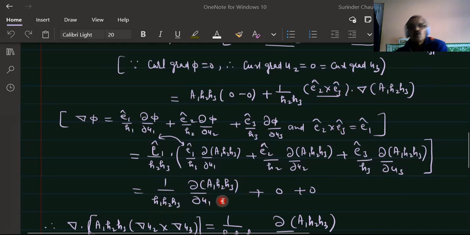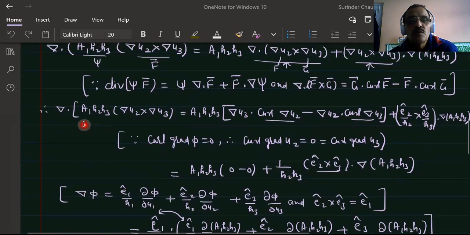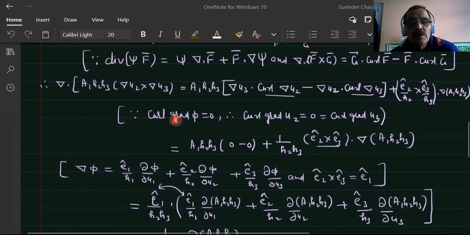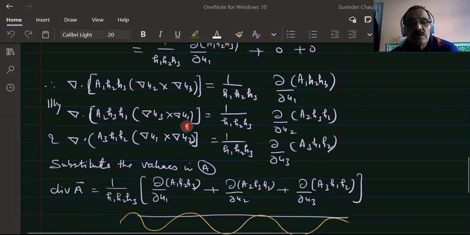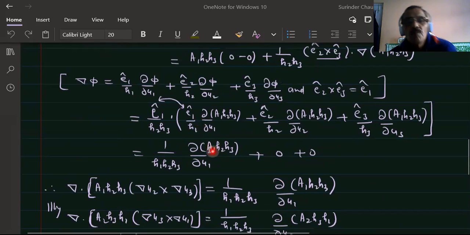The partial derivative with respect to u1 of e1 h2 h3. So we have to calculate the value of del dot a1 h2 h3, of del of u2 plus del of u3. So in del of u3, what we got here? We got this equal to... Similarly, how can you find the other components, del dot a2?